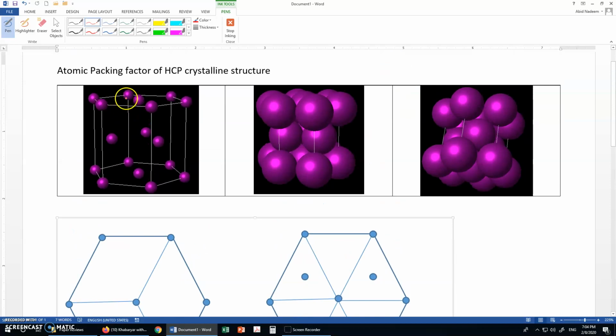The volume of the spheres can be determined by first determining the number of atoms in one unit cell. There are a total of 12 corner atoms, but each corner atom is about 1/6 involved in the unit cell.